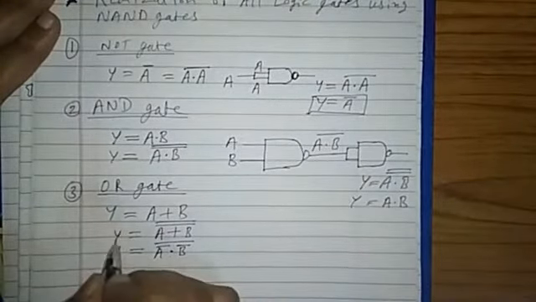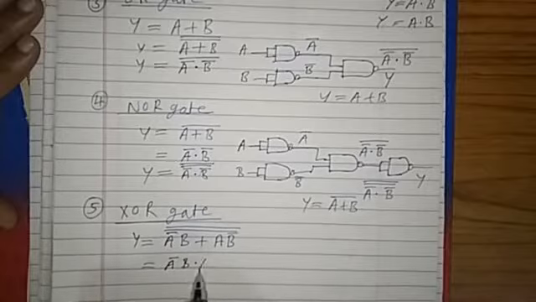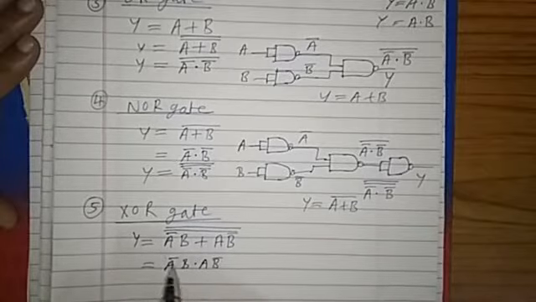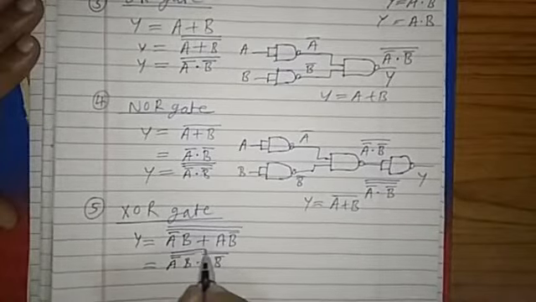Then the complement of a sum is, I will write, (A bar B) dot (A B bar) whole bar, and then one more complement. This A bar dot B whole bar is a NAND gate. A dot B bar whole bar is a NAND gate. Again, this is a NAND gate.